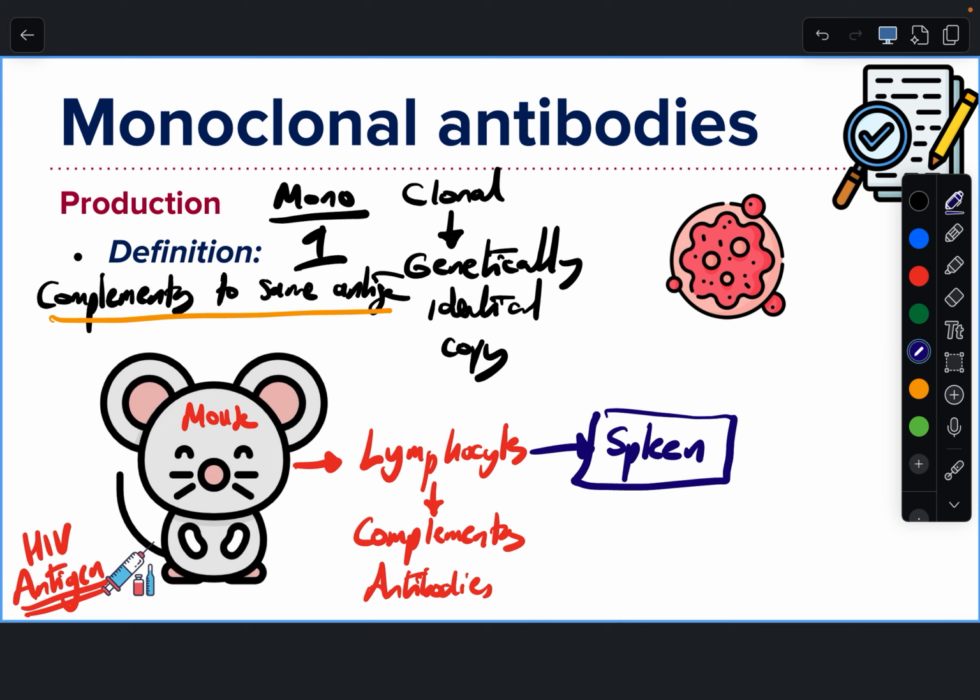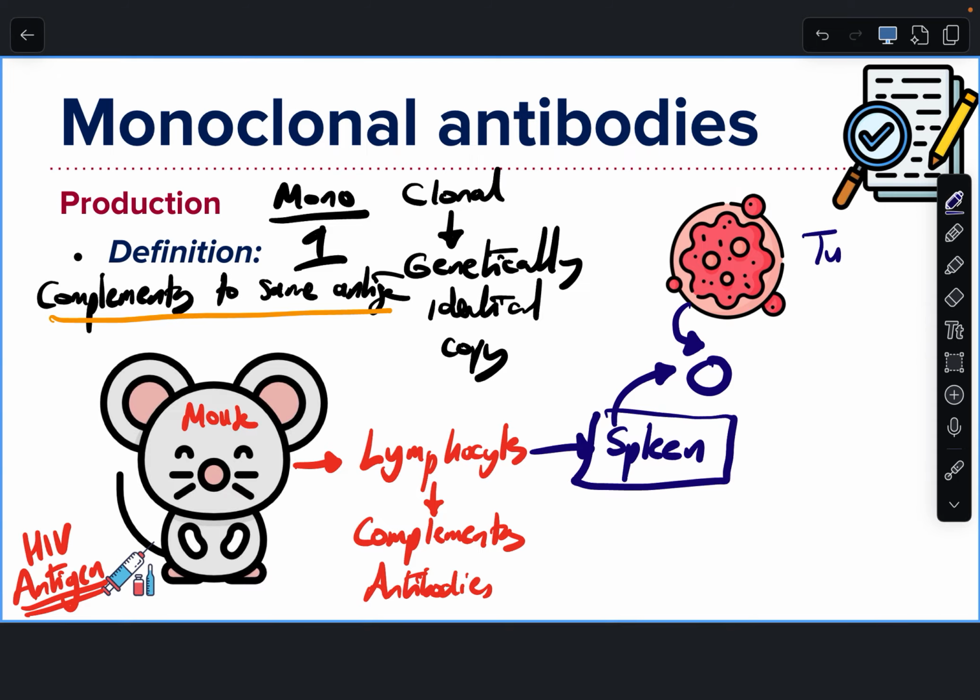What we then do is we take out those lymphocytes from the spleen. So we remove those lymphocytes that have produced those complementary antibodies from the mouse's spleen. And what you then do is you combine it with a tumour cell. This diagram here is representing a tumour cell.